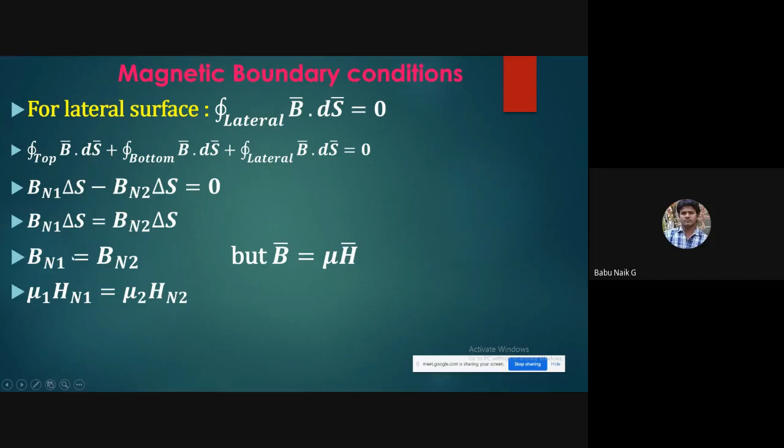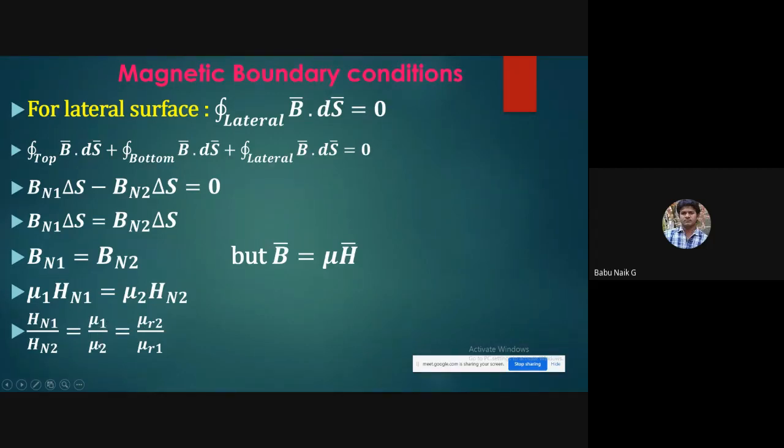Okay, you can substitute here in this equation and work it out further. So Hn1 by Hn2 is equal to mu 2 by mu 1. Now if you take some material, suppose a ferromagnetic material, mu 1 is nothing but mu naught into mu r.